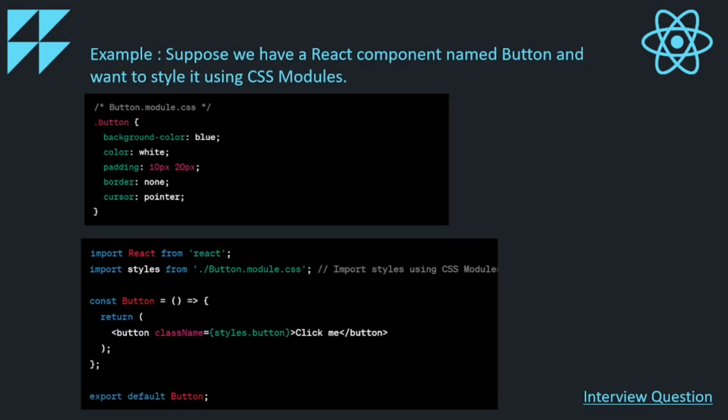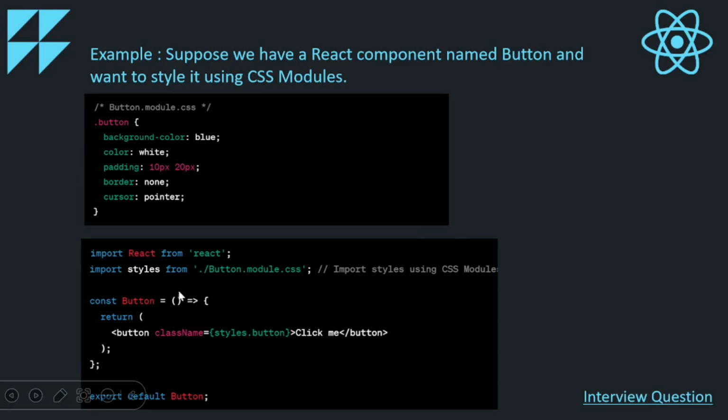Now we have taken an example to explain this. Suppose we have a React component named button and we want to style it using CSS modules. First of all, we have created this button.module.css, and in that we have made the class .button, and inside that we have mentioned all the properties. After that, we have created one component called button.js.